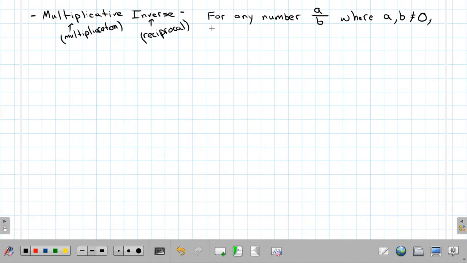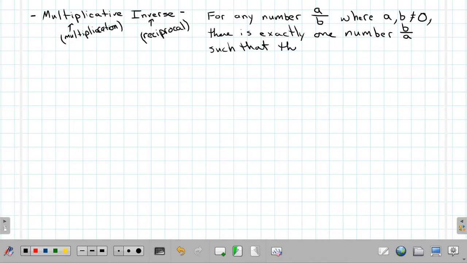But if that's true, if you have that number, there is exactly one number, and that number would be b over a, such that the product of a over b and b over a is 1.